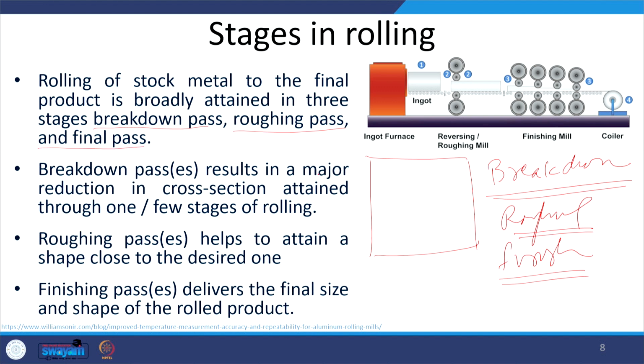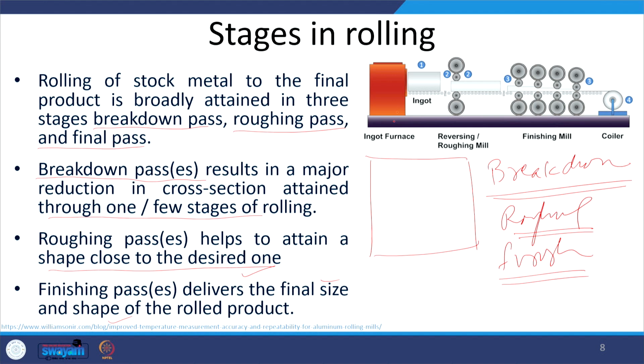Breakdown pass or passes, because not just one pass may be good enough, we may require a number of passes, result in a major reduction in cross section attained through one or a few stages of rolling. The roughing pass helps to attain a shape close to the desired one, and the finishing pass or passes deliver the final size, shape, and also the desired set of mechanical properties as per the need.